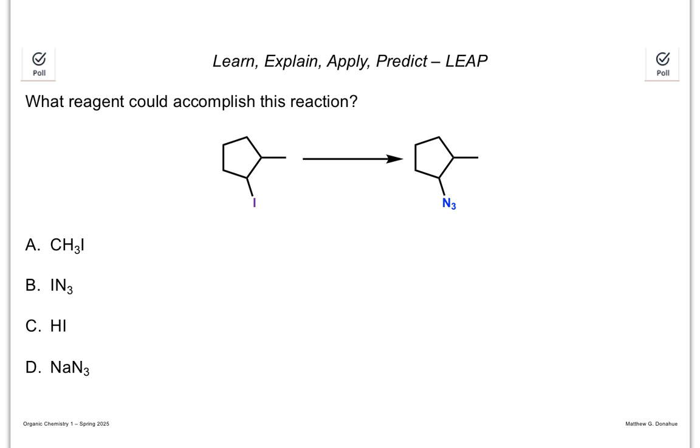So now you're asked to look at an electrophile. I would say that is a secondary iodide, and you want to substitute it for an azide.